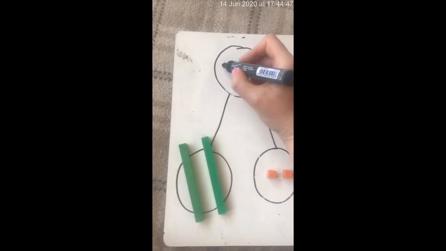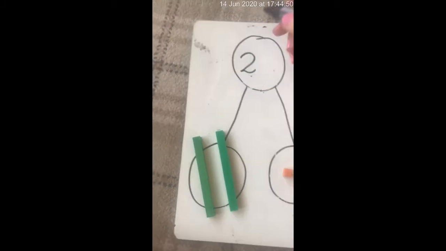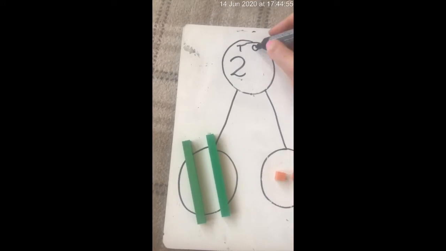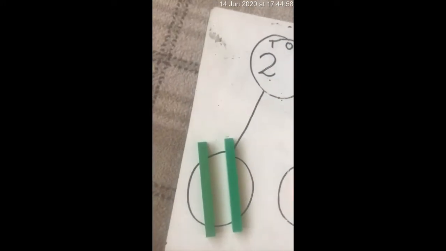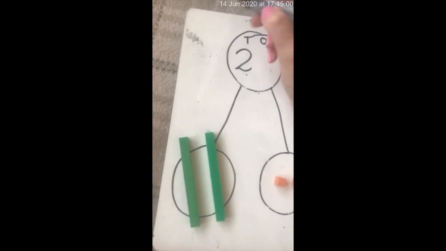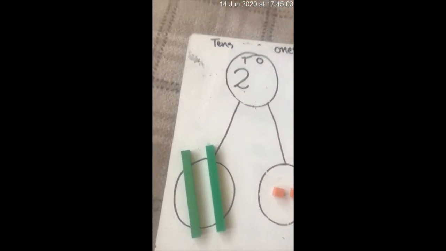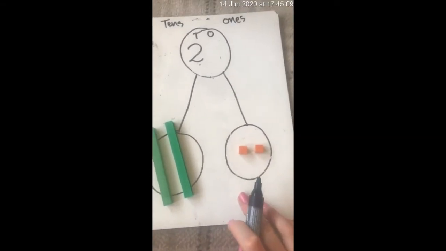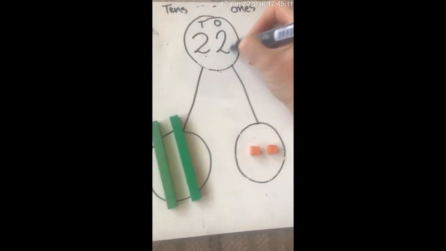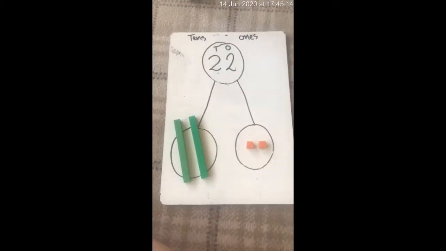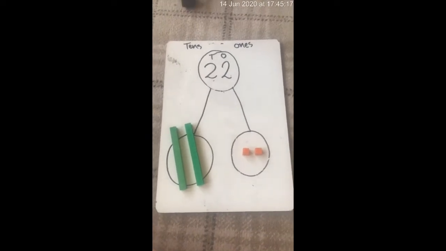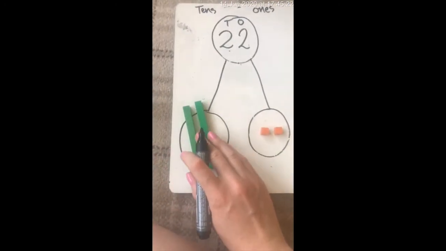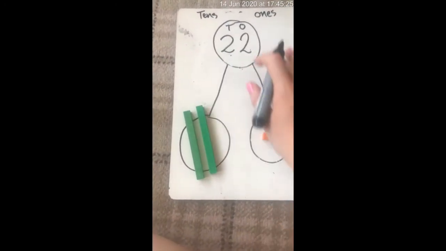So should we write that in here? I can put my T for tens up there, and my O for ones. Okay, there we go. So I've got 2 tens. How many ones do I have? I've got 2 ones. So my 2 parts give me how much altogether? 22. That's right, isn't it? 10, 20, 1, 2. 22.